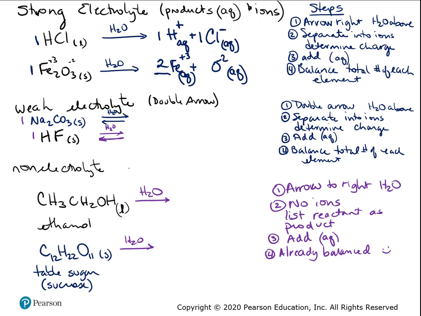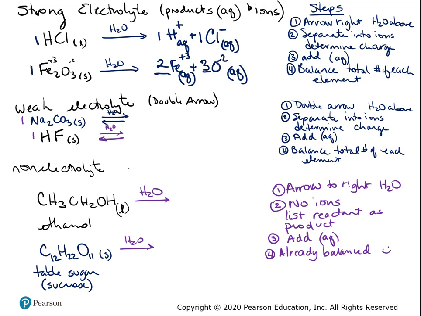What do I have to put in front of the oxygen on the right? Look at the formula on the left. How many oxygens? 3. So that means I got to put a 3. So that's going to balance them. 2 iron on both sides, 3 oxygen on both sides.